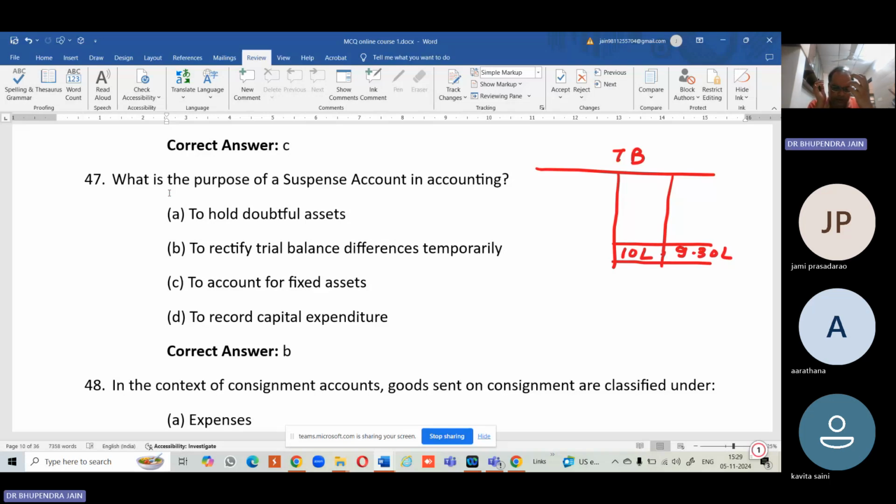We have checked all the entries and all the ledgers, but by default the balance is not matched. So how will we rectify it? We transfer 70,000 rupees to the credit side under the suspense account.